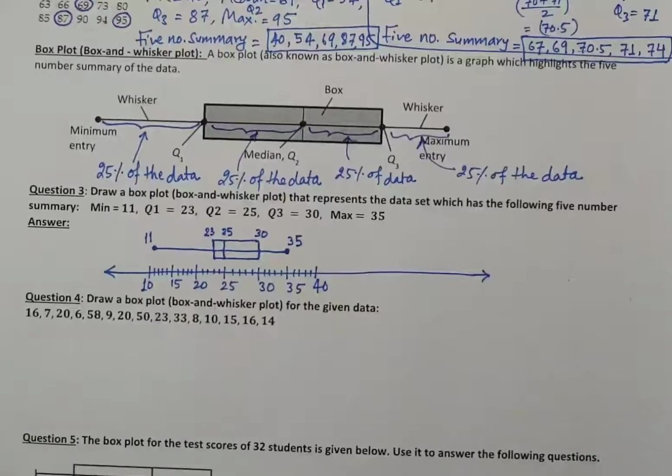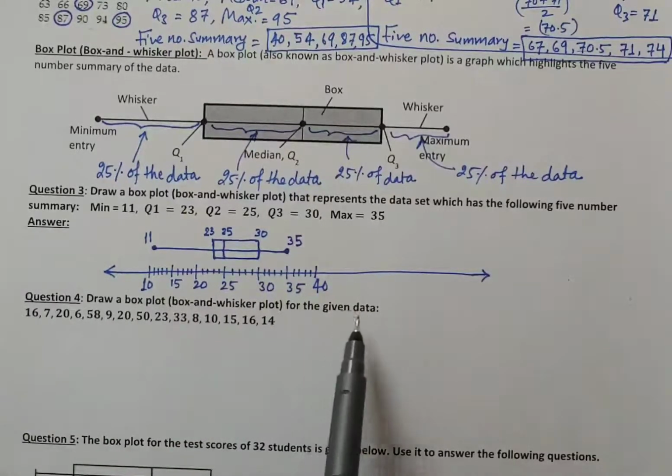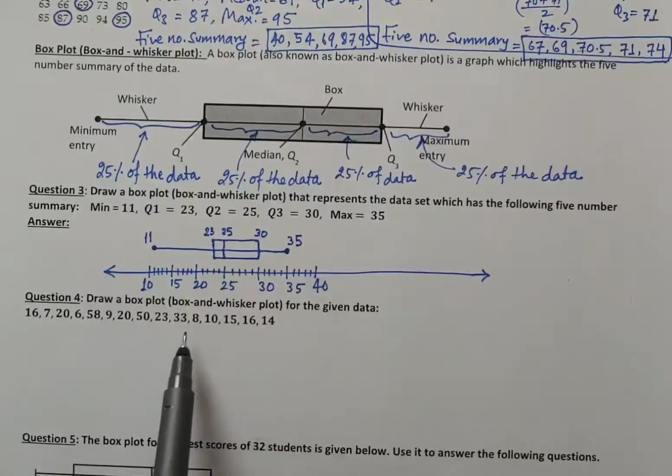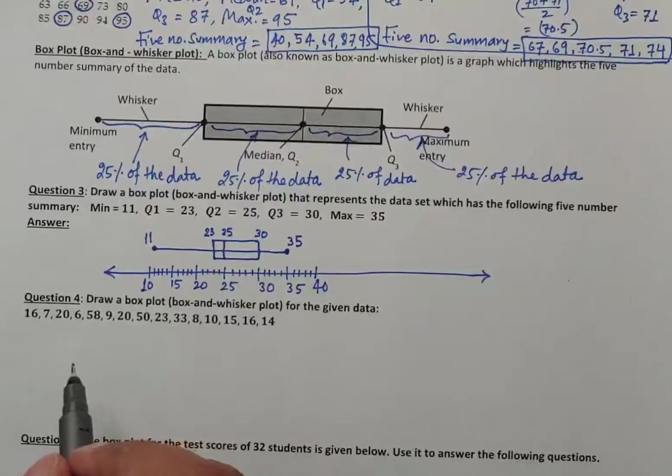Okay, now this question is, draw a box plot for the given data. So we have data, and this data is not arranged, so we have to first put it in order. We arrange the data first, so let's do that.